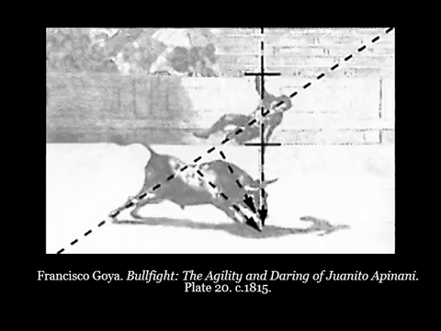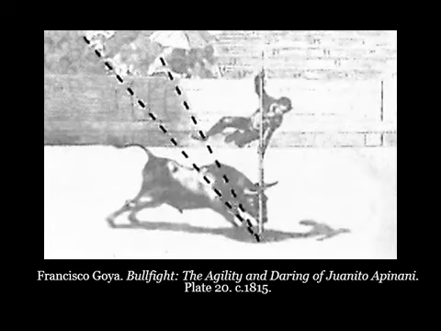Also notice how the bullfighter's hand has been placed at the exact point where the hard horizontal and hard vertical lines meet to kind of create a sense of emphasis. We can see the two diagonal lines stemming from the bull's feet more clearly in this diagram.